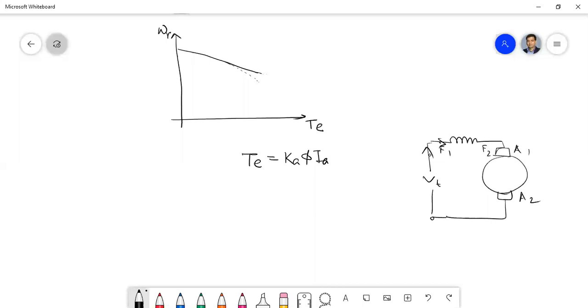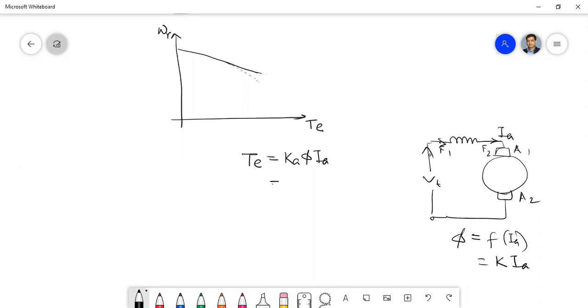In that case, it is connected in series with the armature. So if this current is Ia, the field flux is also a function of Ia. Rather, it is some constant into Ia. If we neglect saturation, then the field flux will be proportional to Ia, a linear function of Ia.